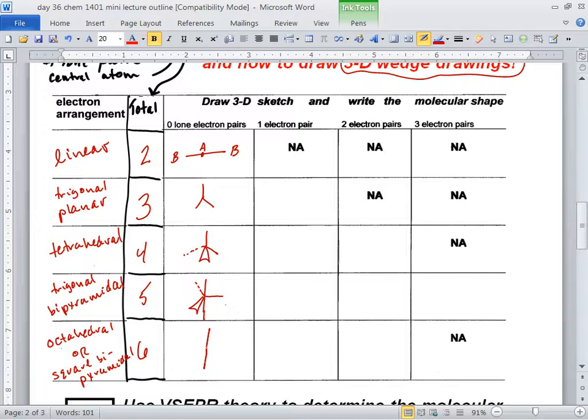So if there's 2 going out of the paper, those are going to be wedges, and the 2 going back will be dashes. So draw 2 wedges coming out at you, and then 2 dash lines, 2 going back. So there's your octahedral.